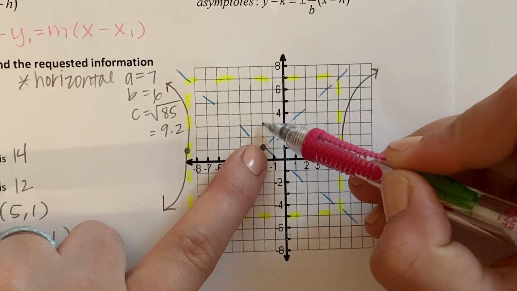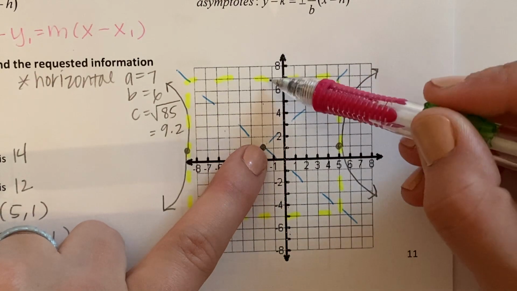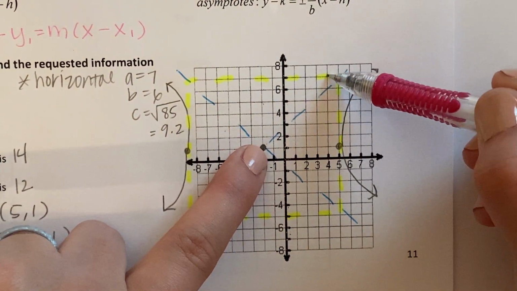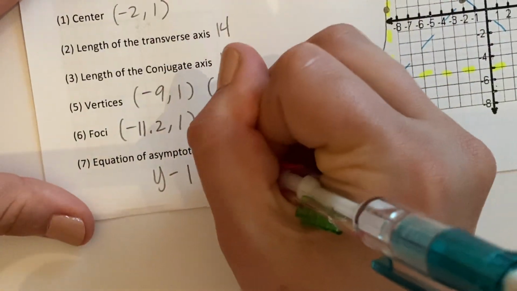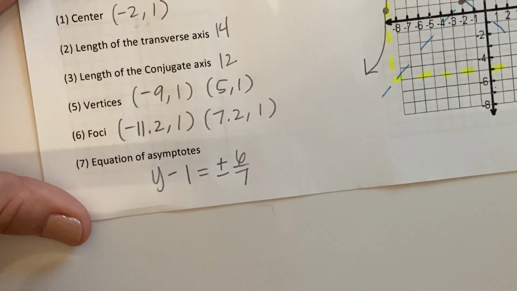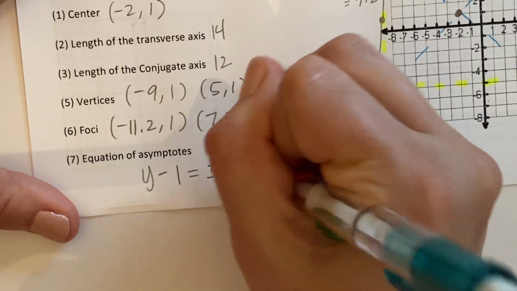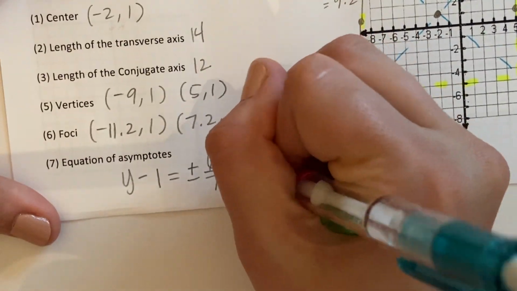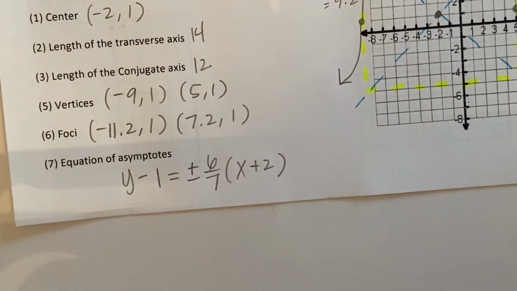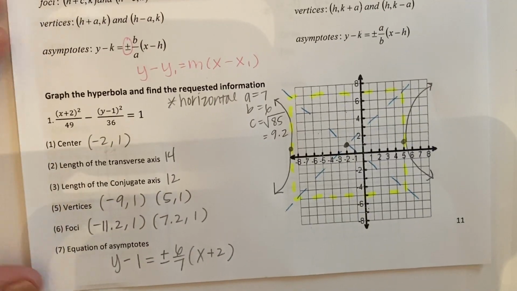So up 1, 2, 3, 4, 5, 6 over 1, 2, 3, 4, 5, 6, 7. So 6 over 7. That can't be simplified, so that's what I'm writing. And then x minus x1 is -2, minus a -2 is +2. And there's our first hyperbola.